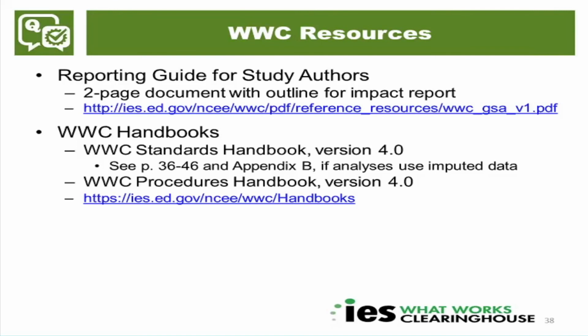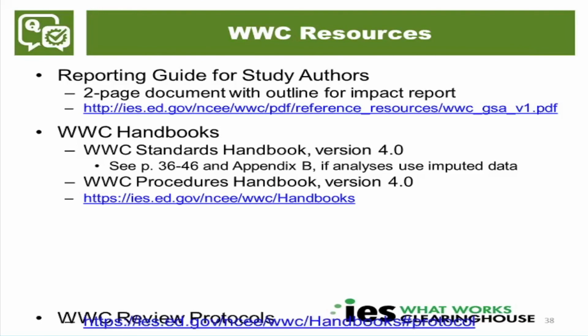In some ways, they have relaxed the rules slightly for when you can use imputed data, but there's additional information you need to provide, and it's really important that if you're going to use imputed data, you understand what the rules would be under 4.0. So we direct you to these particular pages in the standards handbook, and the procedures handbook explains more about the actual review process itself. Very helpful resources.